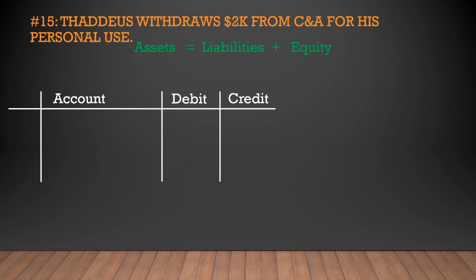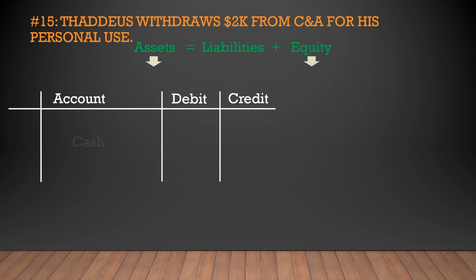Number 15. Thaddeus withdraws $2,000 from CNA for his personal use. Remember that while the owner and the business are legally one and the same, with accounting they're considered to be separate from one another. So this cash is technically leaving the company, meaning that company assets are decreasing. The decrease in assets will be accompanied by a decrease in equity via the drawings account.